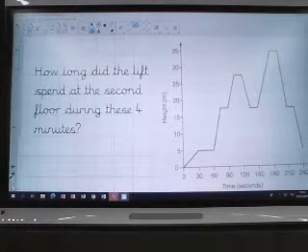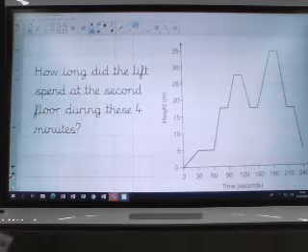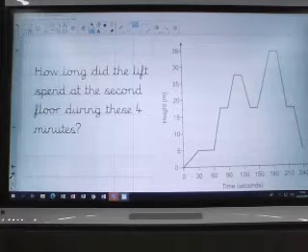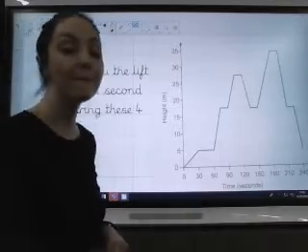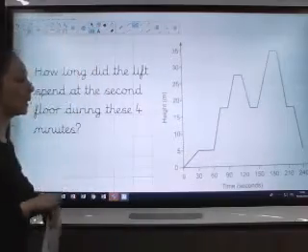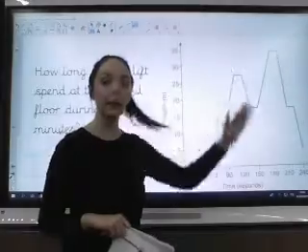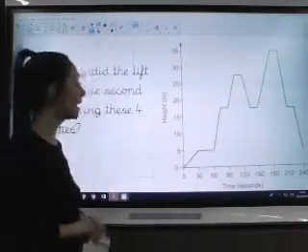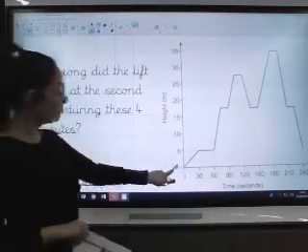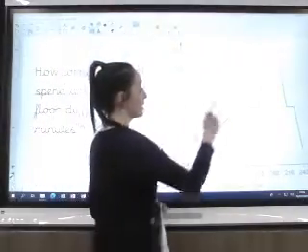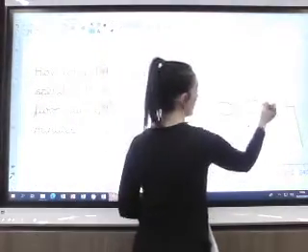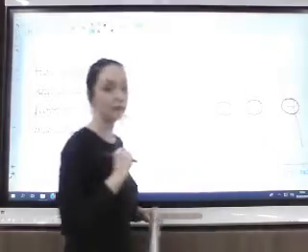The next one then says, how long did the lift spend at the second floor during these 4 minutes? Okay, so remember, the 4 minutes is the whole graph. So the second floor then, remember this is the ground, this is the first, this is the second. So the second floor is when it stopped 3 different times.